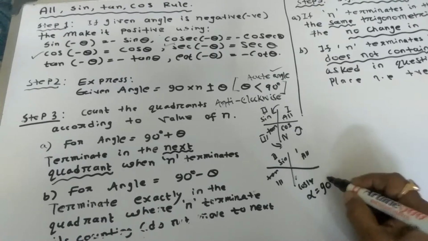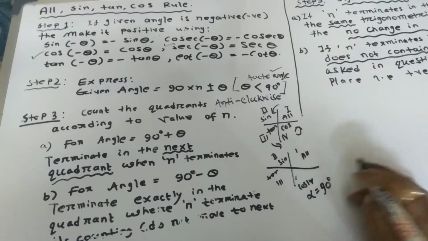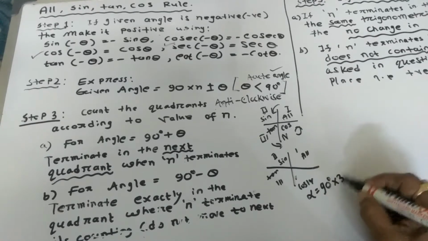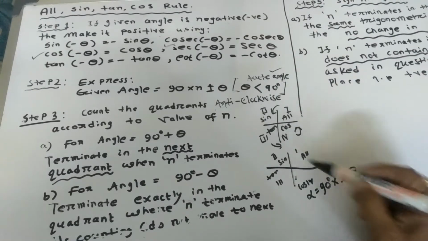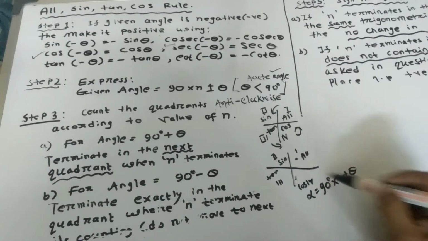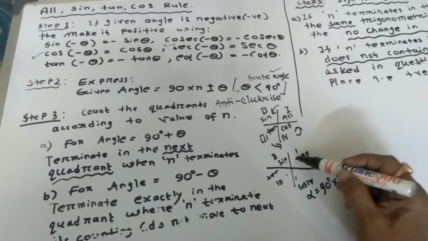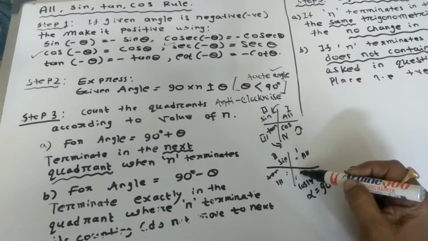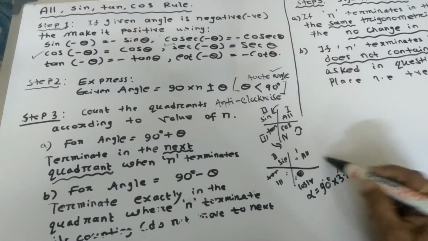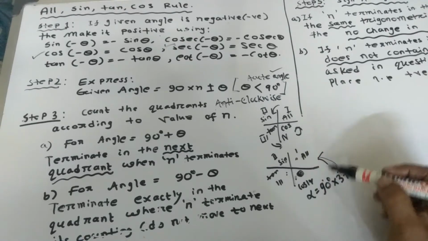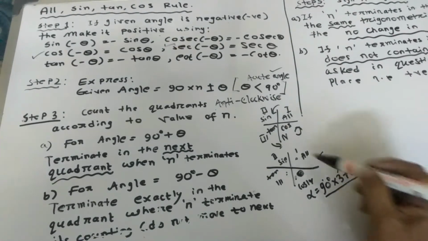Now see what is going on. Alpha is 90 into n plus theta, suppose the n value is 3. So count 1, 2, 3, then it is a plus sign, so go to the fourth quadrant. If it is minus, do not move. So here is the completion of the counting of n.